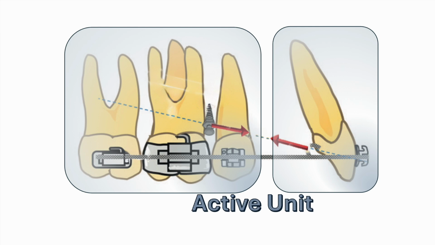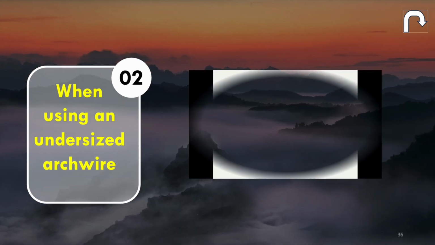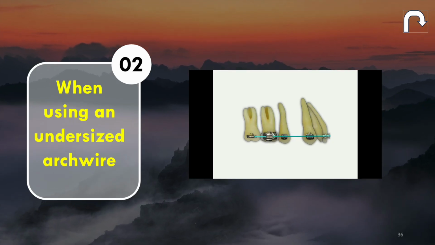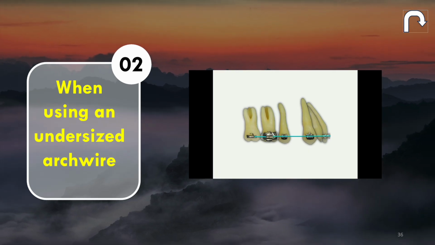The first active unit is the anterior segment, and it has a role called main effect. And the second active unit is the posterior segment, and it has the role called side effect. Let's delve deeper into using an undersized wire like stainless steel 16 by 22 in an 18 slot.